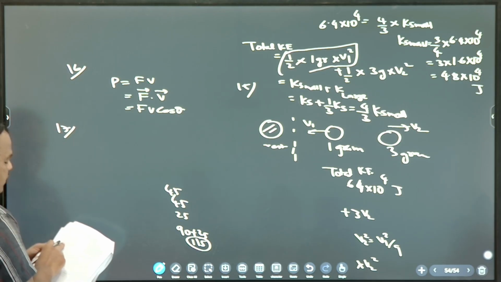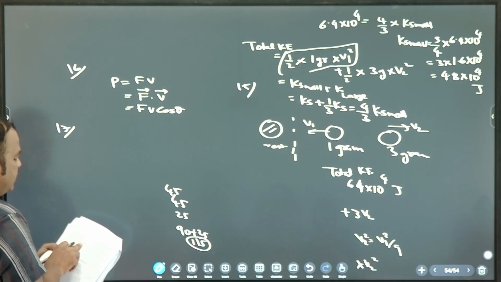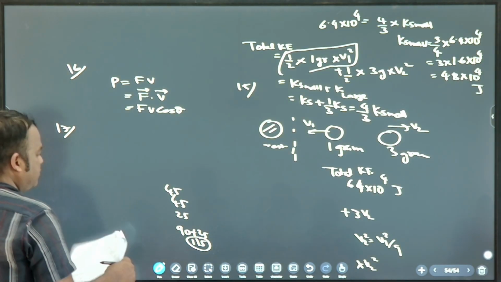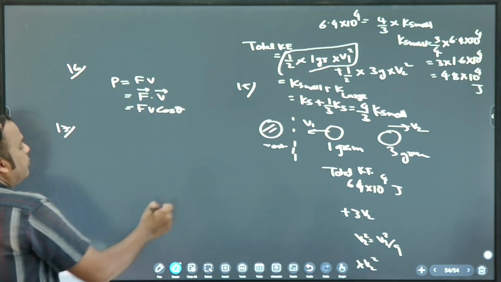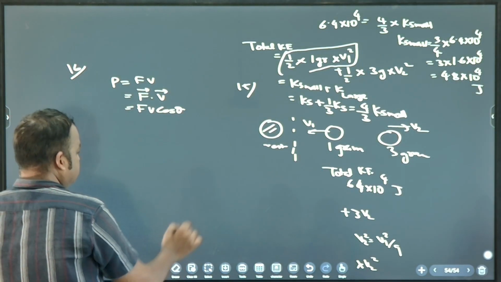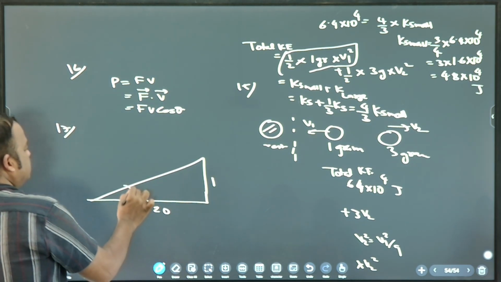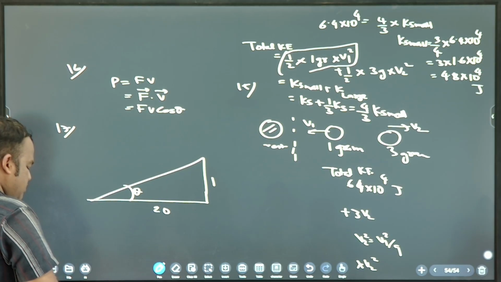Man is riding on cycle with velocity 7.2 up a hill having slope 1 in 20. Slope 1 in 20 means this. The total mass is 100.